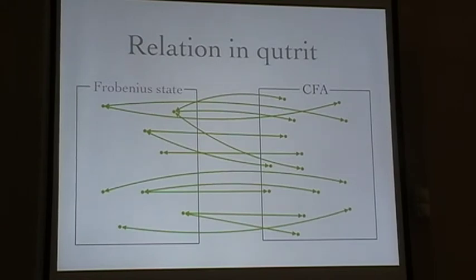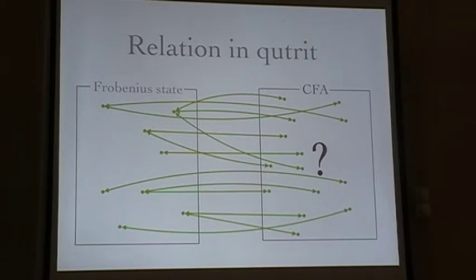So, we move to explain the result of our study. Like qubit, we attempted to characterize SLOCC equivalent classes of three-dimensional Frobenius states using classes of CFA. Of course, we do not know the classes of CFA which correspond to a three-dimensional Frobenius state.